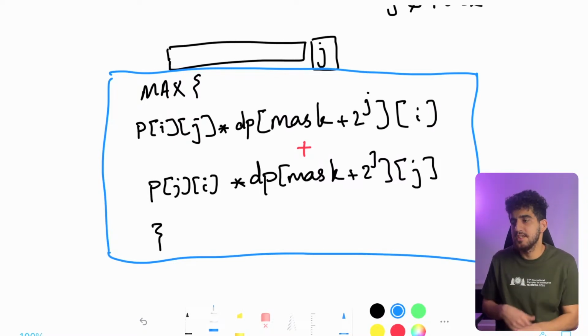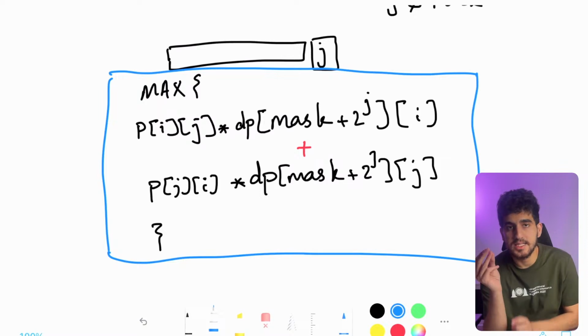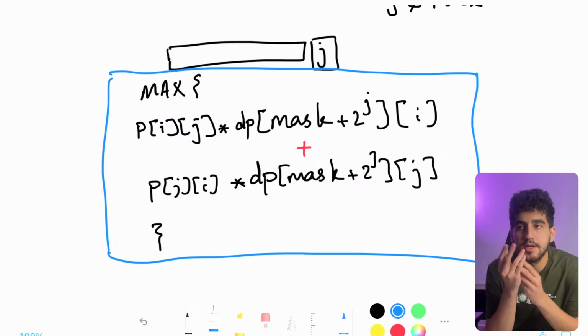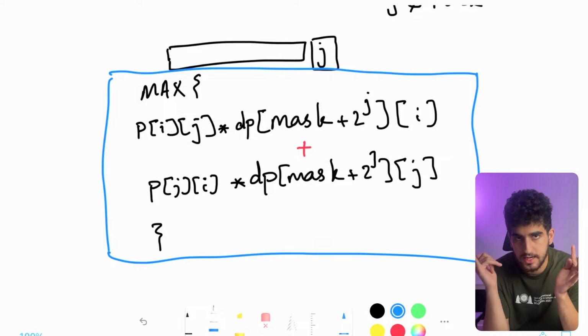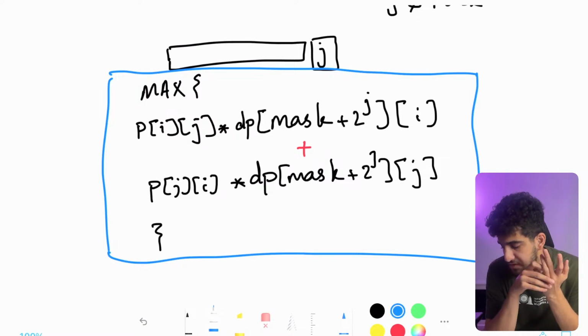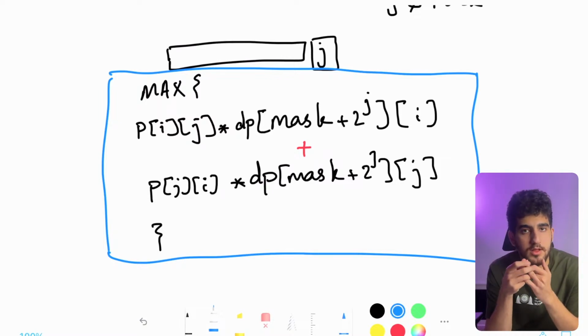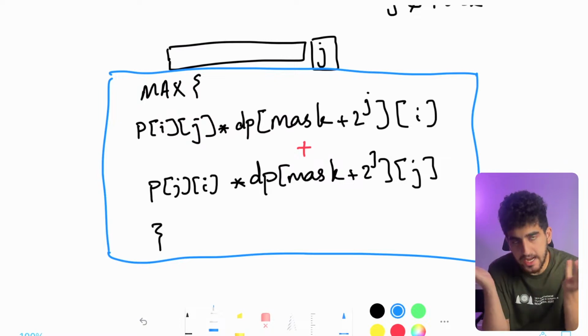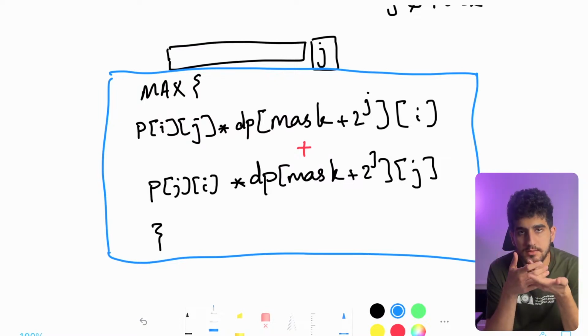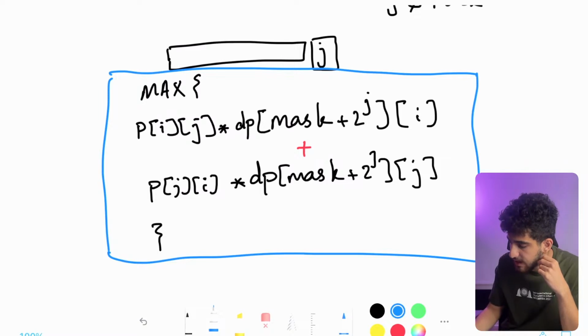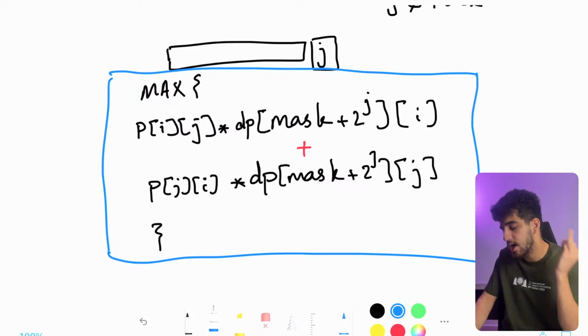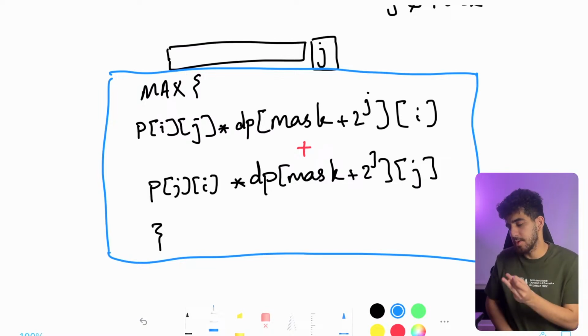So basically we are fixing which j we want to add at the end. That's why we have the maximum over j, because we want to have the best choice of j. We want to choose which j we want to add, but we don't want to fix who wins over whom, because anyone can win against anyone else. I don't care. At the end I want person number 1 alive. That's why in here I have plus inside, because I have p of I and j times DP of mask plus 2 to the power of j and I, plus the other term.